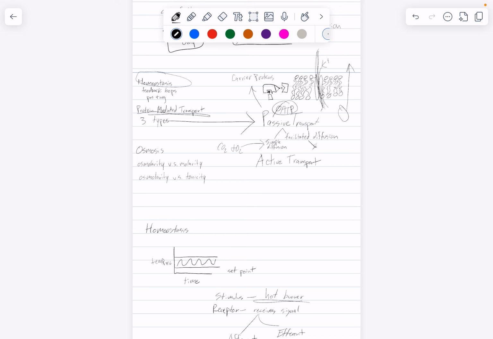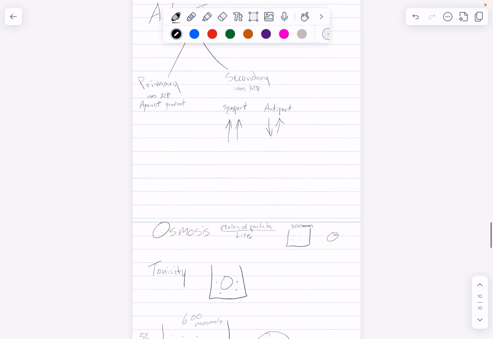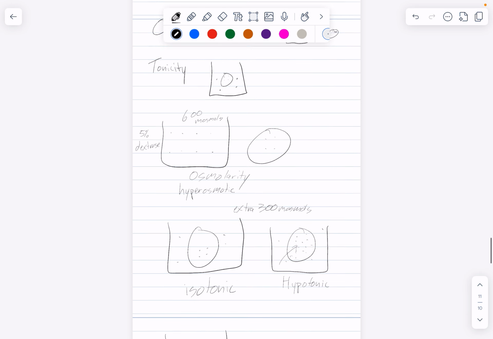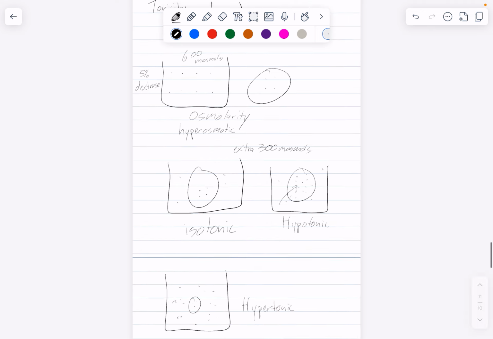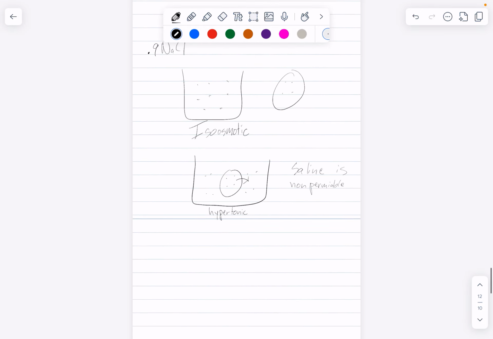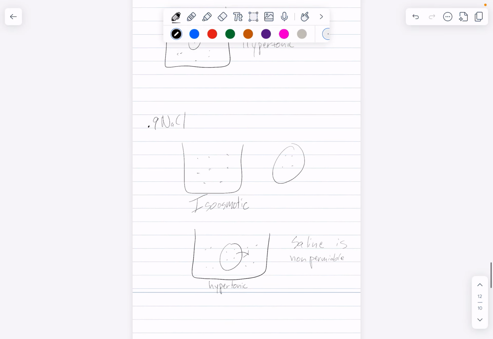I believe that is it. It is possible for a solution to be isoosmotic, but also hypotonic. That is when you have dextrose and saline together.